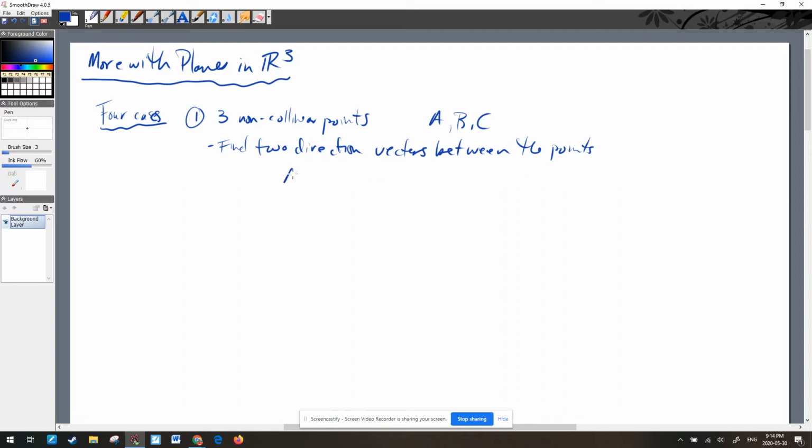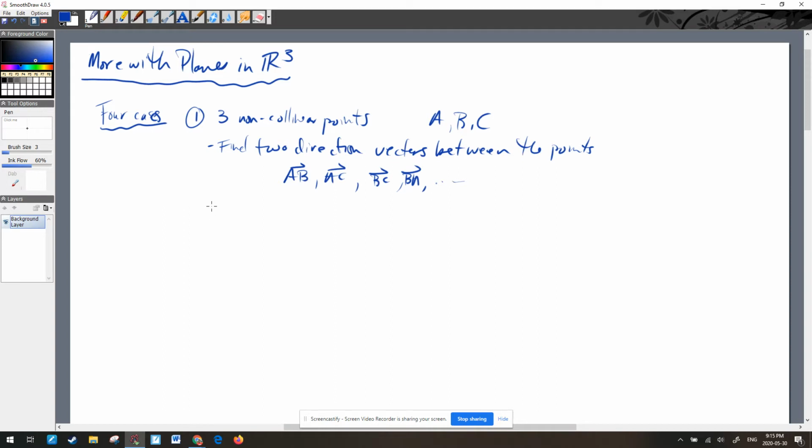So we could do AB, we could do AC, we could do BC, we could do BA. It doesn't really matter, right? As long as you find two of them that are not collinear. Now, you couldn't find AB and BA because they would just be the same vector. They would be opposite vectors. They would be totally collinear. So you're going to find two direction vectors between the points.